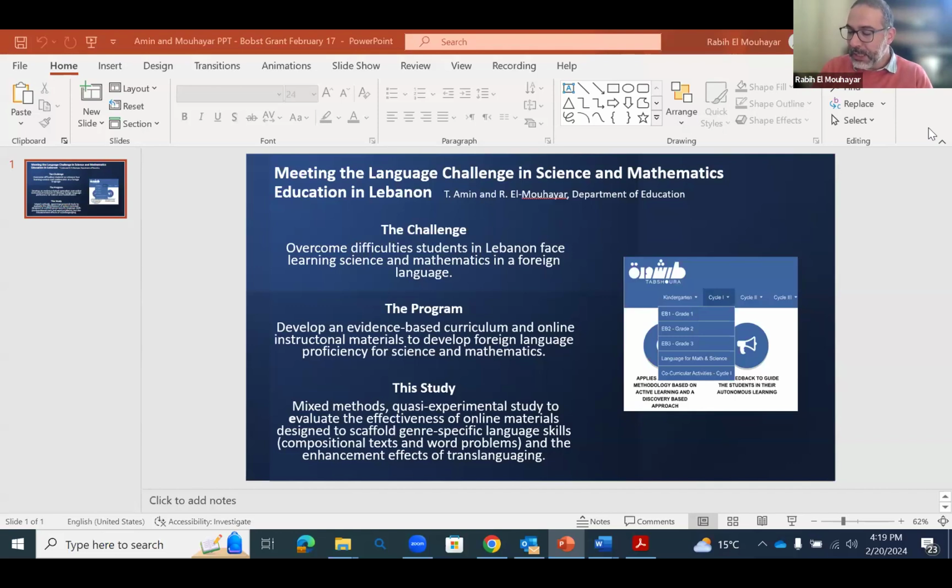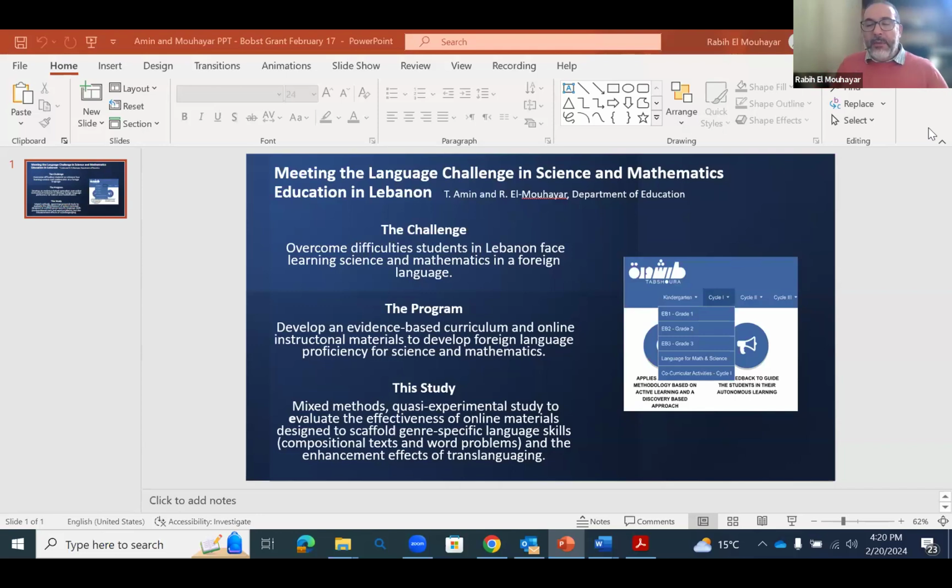So we adopt this kind of instruction. Further, we also take into consideration the use of translanguaging in our project.